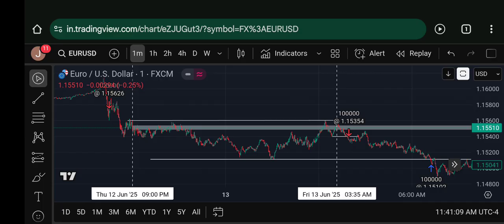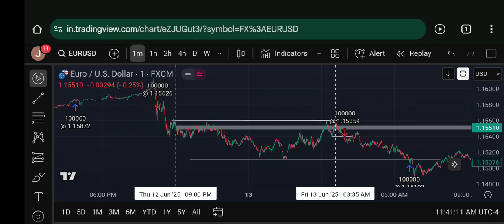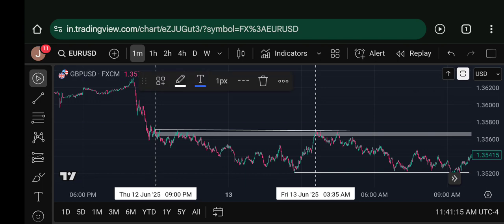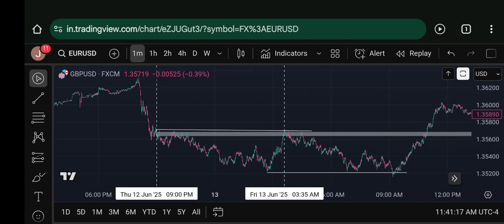We can see that buy side liquidity swept, and price would move to sell side liquidity, right? And a bearish fair value gap being respected here, price moved to sell side liquidity.